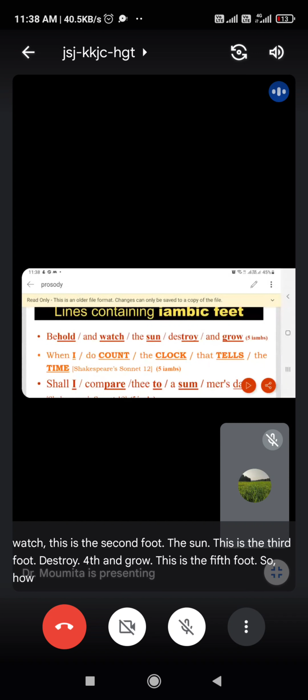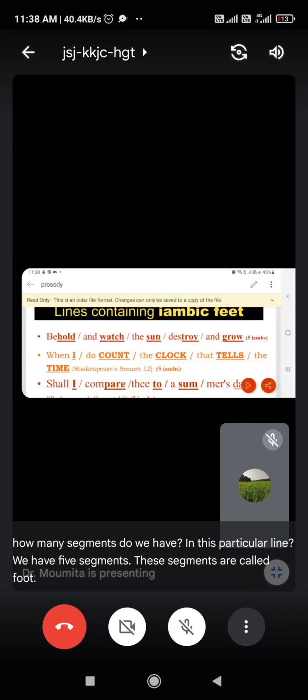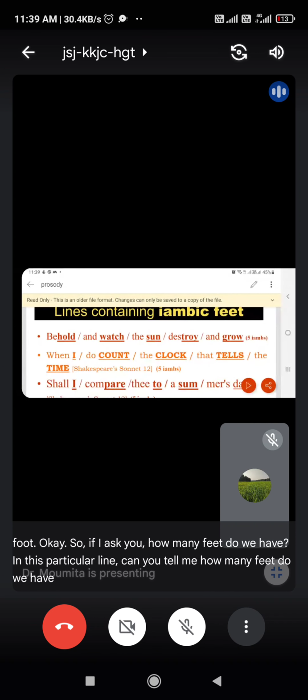We have 5 segments. These segments are called feet. So if I ask you how many feet do we have in this particular line, can you tell me, boys and girls? In the first line that we are reading, how many feet do we have?